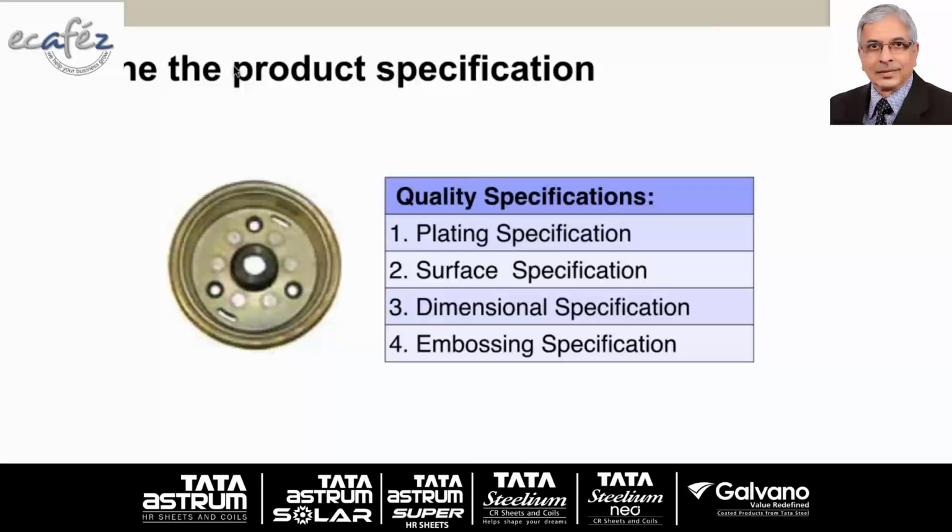Even the visual defects were displayed on the shop floor with actual samples, the bad one and the good one, so that all operators were trained how to visualize, how to select the good one, and how to identify the bad one. This was practically done for these 4 specifications.